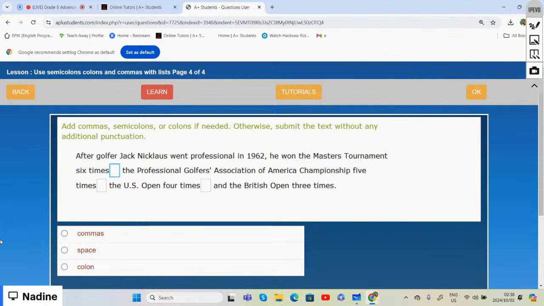All right, and if we were to choose the correct punctuation mark, we will say we're going to add commas because that is basically just showing all of the tournaments and things that he has won.